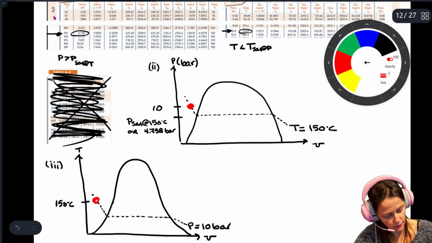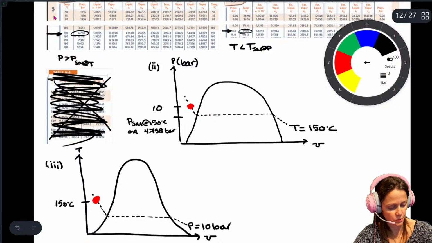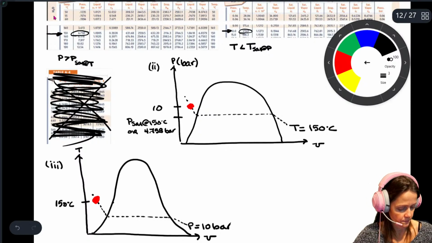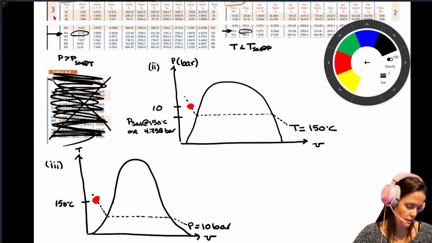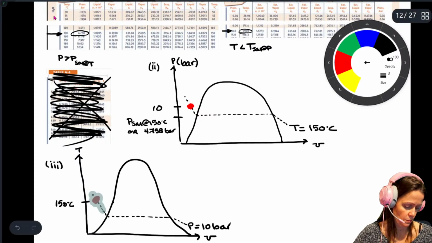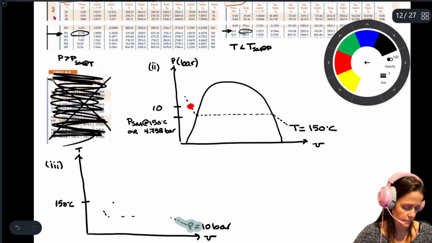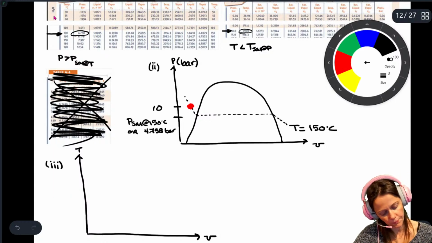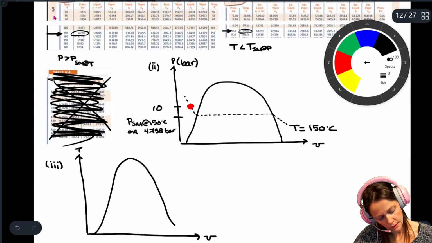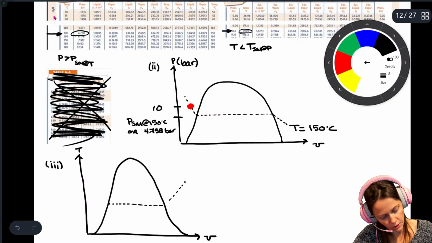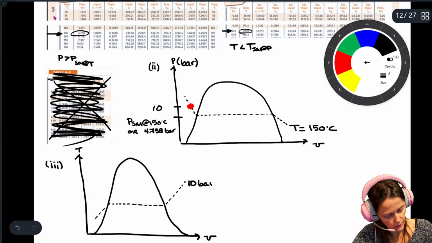So this is our state right there in the compressed liquid region. Oh, shoot. Nope. Apologies. Got ahead of myself here. Draw my line of constant pressure first. So anywhere along this line right here, our pressure is at 10 bar. Apologies. And so my dot would be right there.